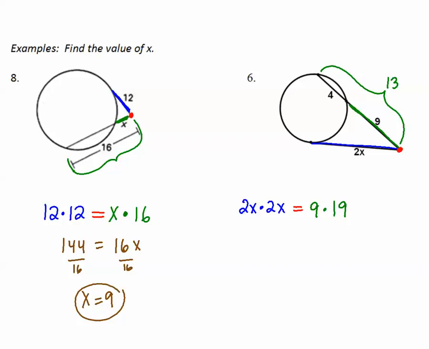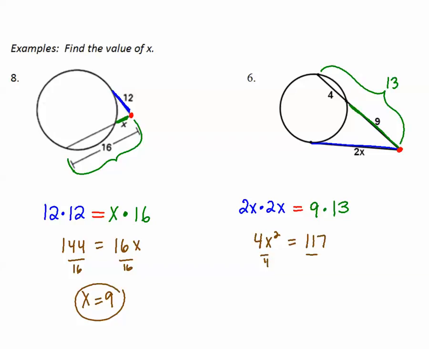2x times 2x, 2 times 2 is 4, and x times x is x squared, so 4x squared equals, and then I have 9 times, oh, I just saw I wrote 19 instead of 13. Well, let's fix that immediately. 13 right there. So 13 times 9, that's 117.